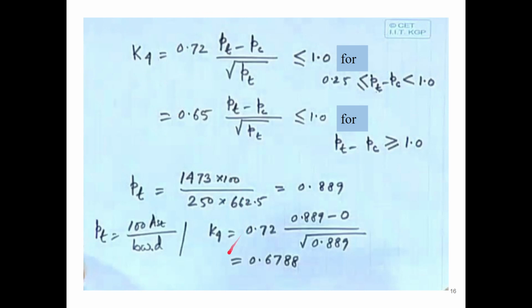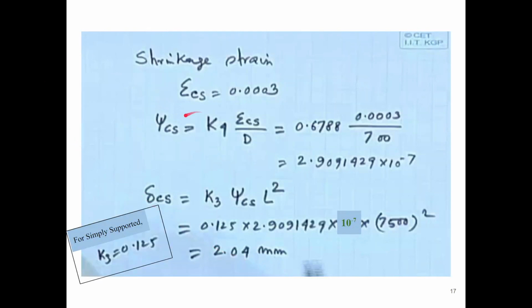So the K4 value will be equal to 0.72 into (0.889 minus 0) by square root of 0.889, and that comes out to be 0.6788.